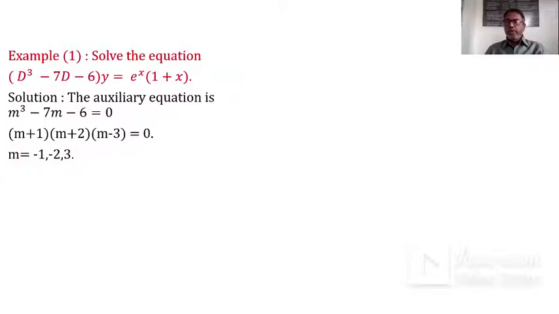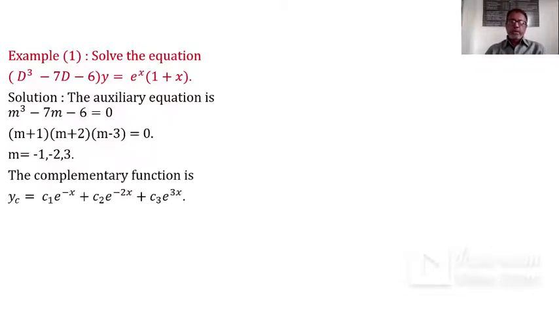Therefore, we write the complementary function of this non-homogeneous differential equation: yc is equal to c1 e to the power minus x plus c2 e to the power minus 2x plus c3 e to the power 3x. This is the complementary function.